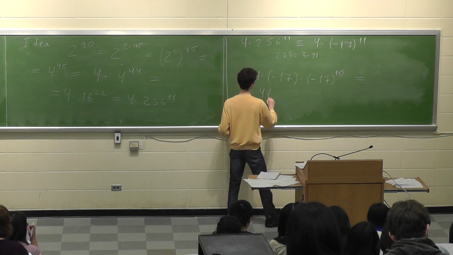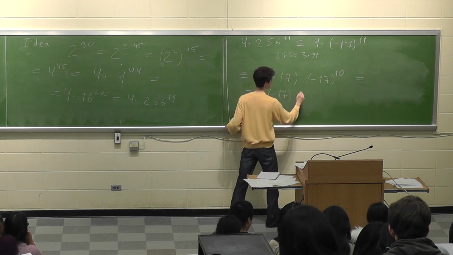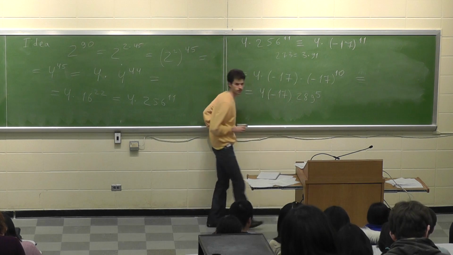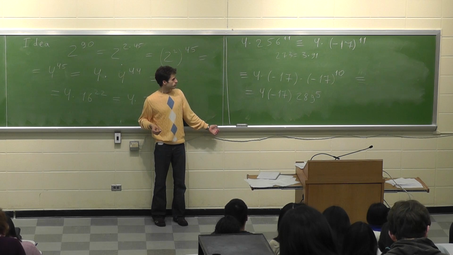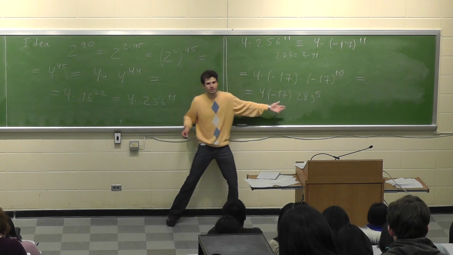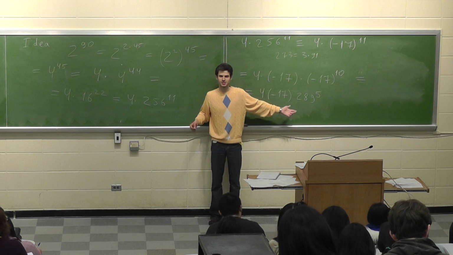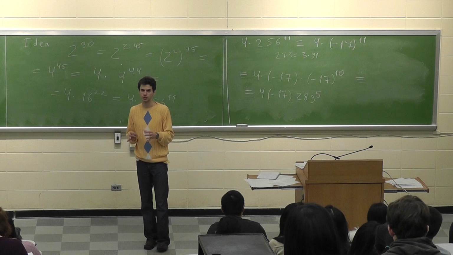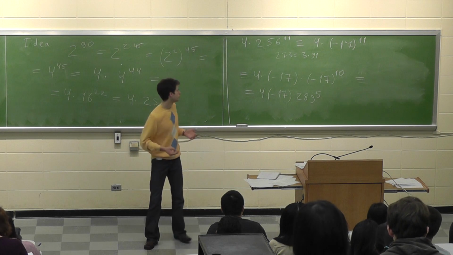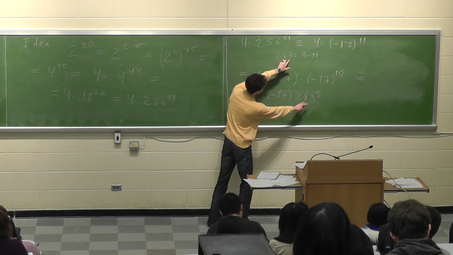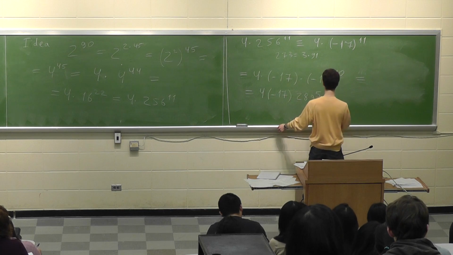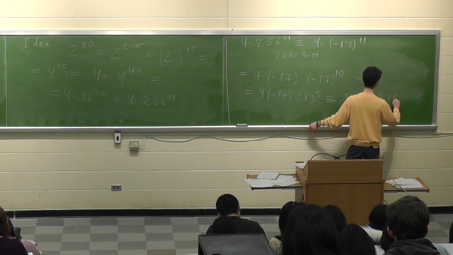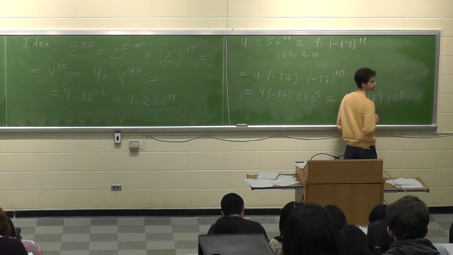So it's 4 times negative 17 times 289 to the power 5. Once again, 289 is a large number, but I'm not interested in the number itself, only in its remainder modulo 91, which we see from here is 16. So it is congruent to 4 times negative 17 times 16 to the power 5.